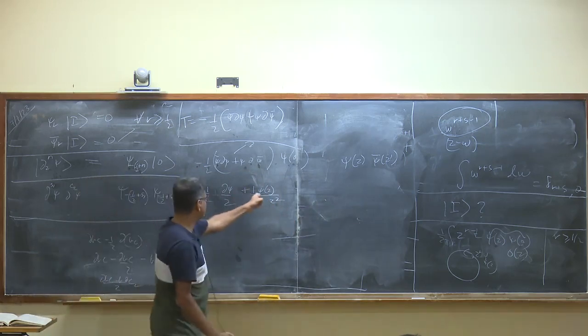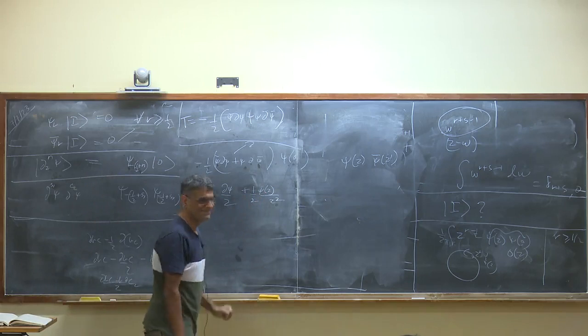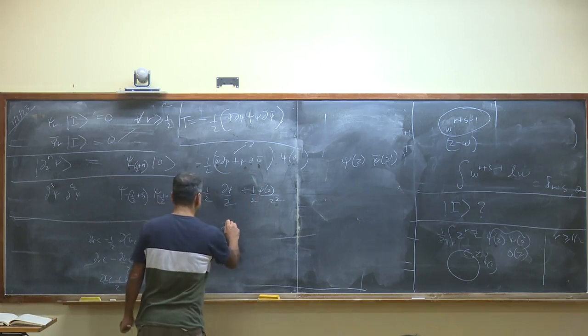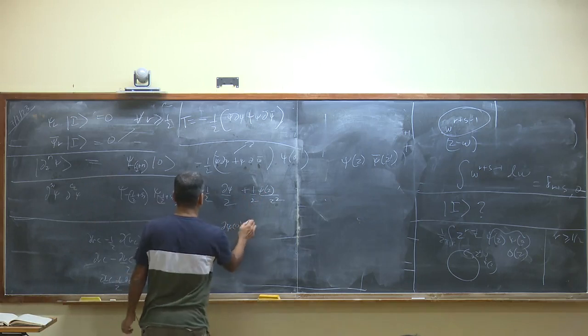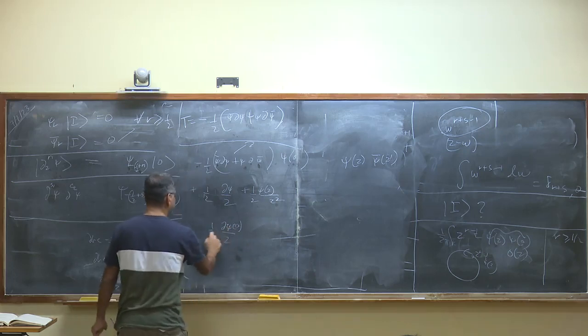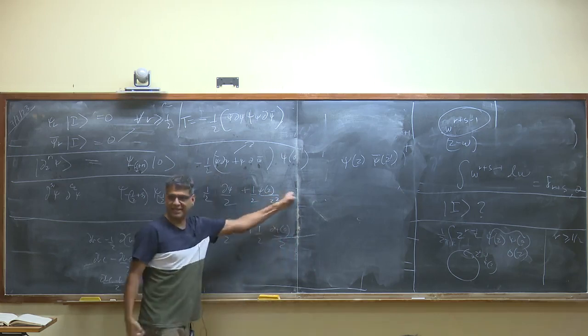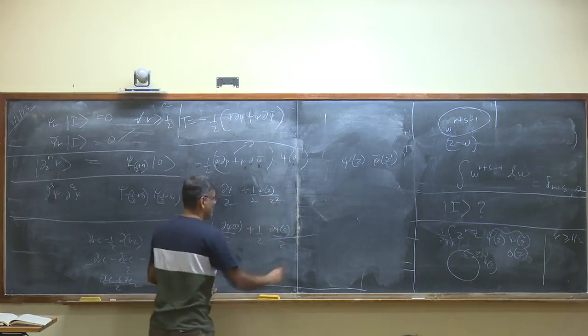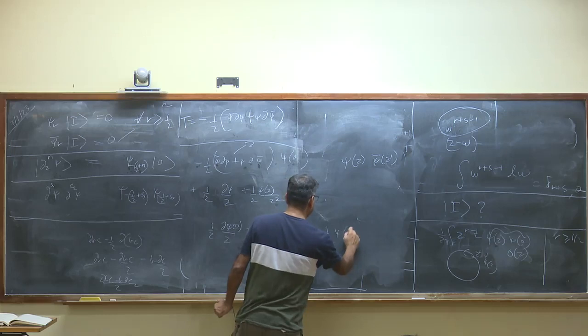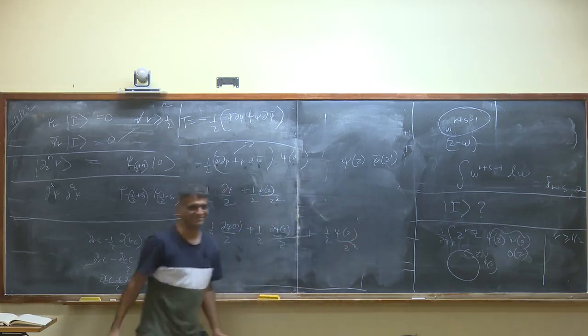Okay, now we take the psi of z and Taylor expand it. So we get del psi at 0 by z into half, plus half del psi of 0 by z from the Taylor expansion, plus half psi of z by z squared.